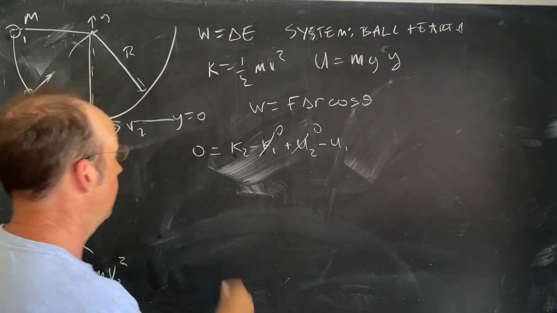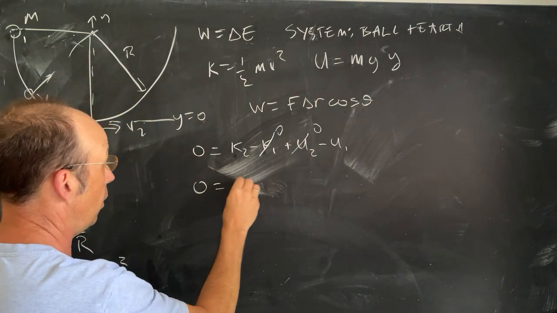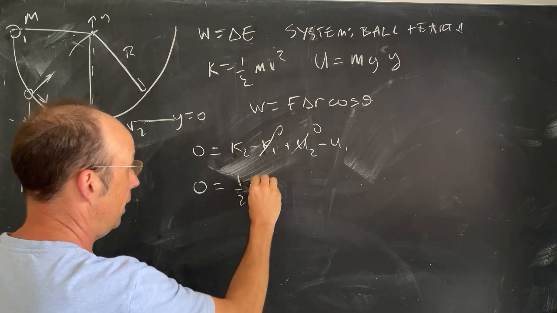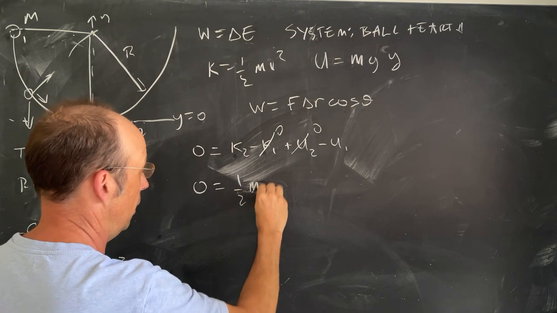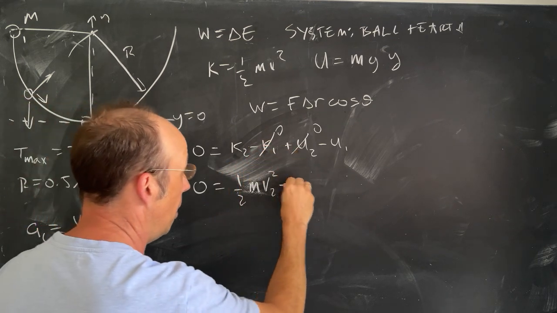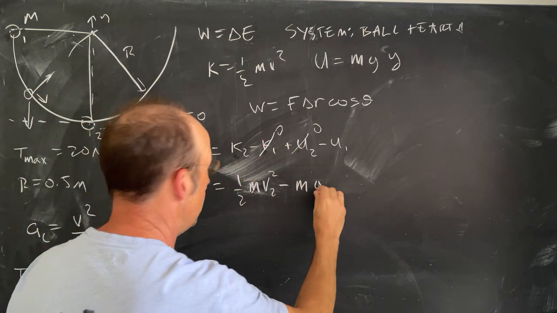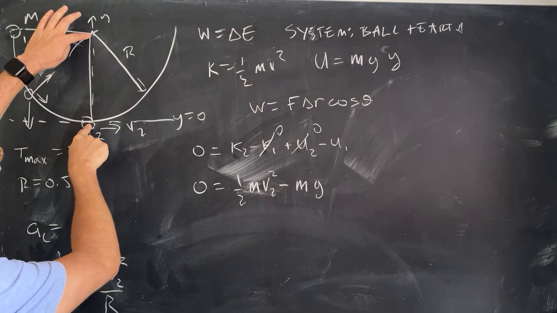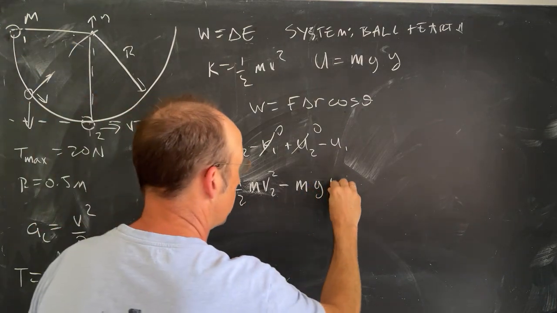Okay. So putting in my values, I get 0 is 1/2 m v2 squared, that's my final kinetic energy, 0, 0, minus mg, and then my initial height above here is r.